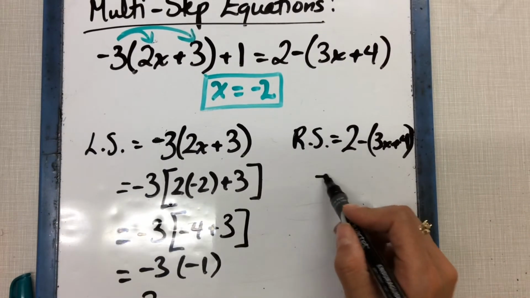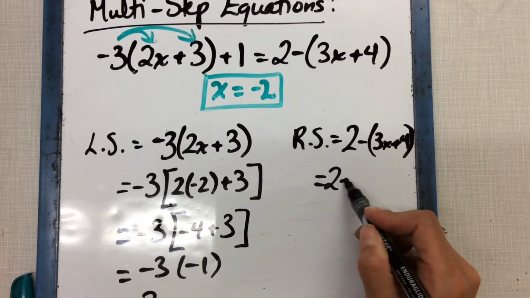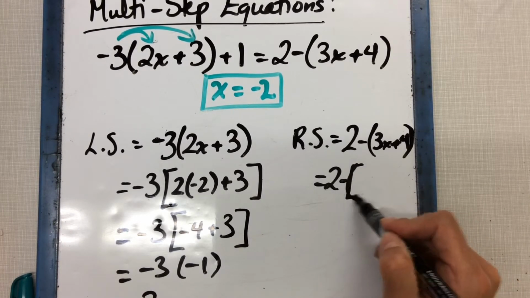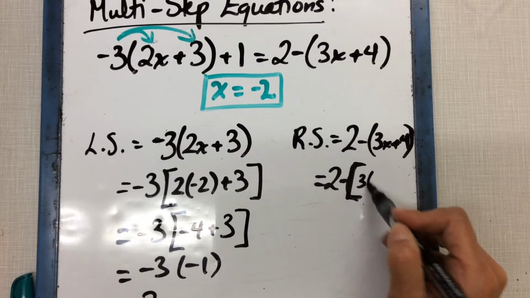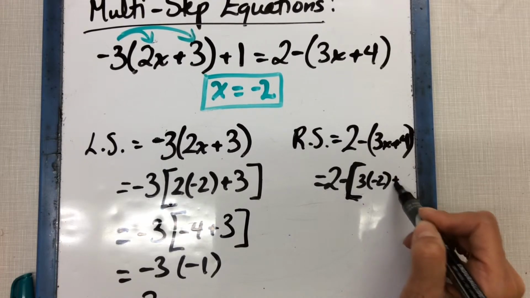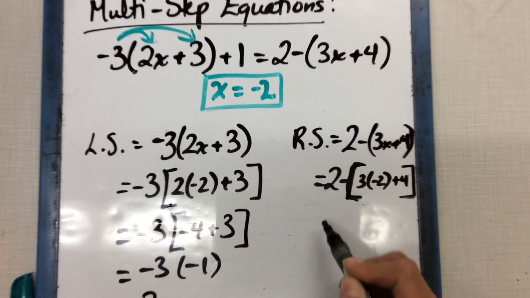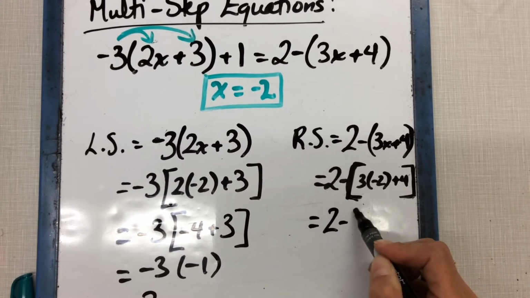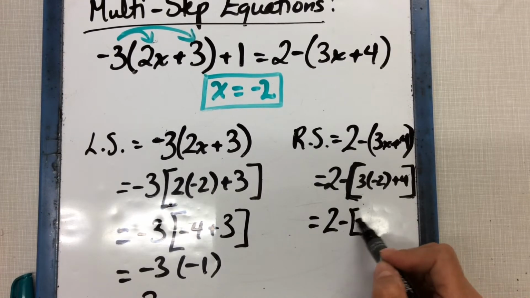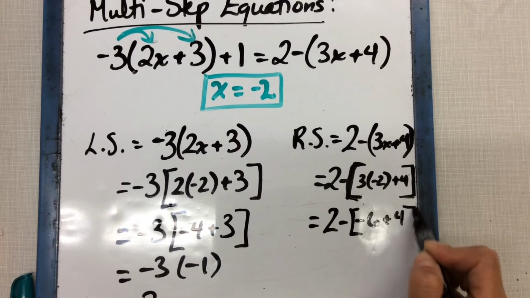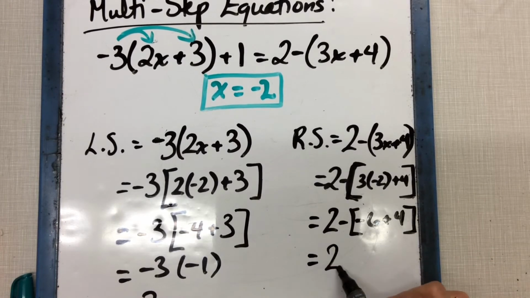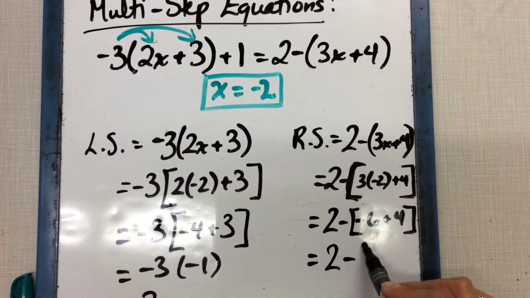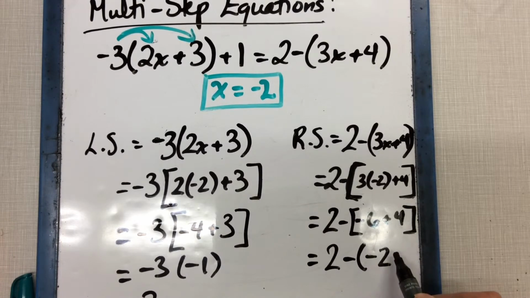Otherwise, we've done a lot of work. We have to find out where we went wrong. Minus. And then I'm going to put a big bracket again. 3 times negative 2 plus 4. That's 2 minus 3 times negative 2, negative 6 plus 4. And 2 minus negative 6 plus 4 is negative 2.